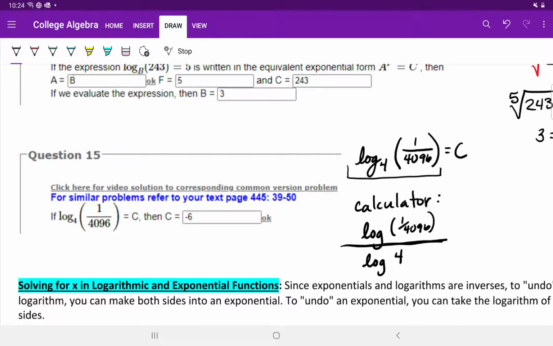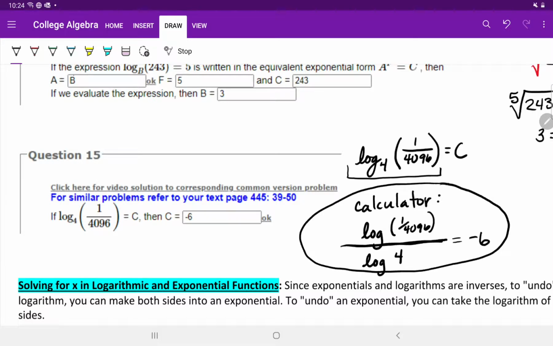These are not necessarily easy things to punch into your calculator, but this is probably the most efficient way to solve for c. And if you plug this into your calculator, you should get -6. So keep this in mind. This will be a lifesaver on problems like these.